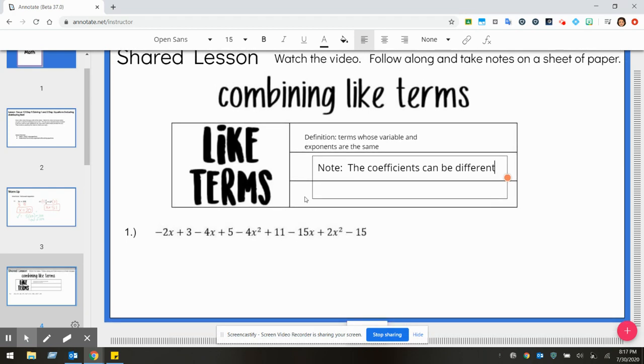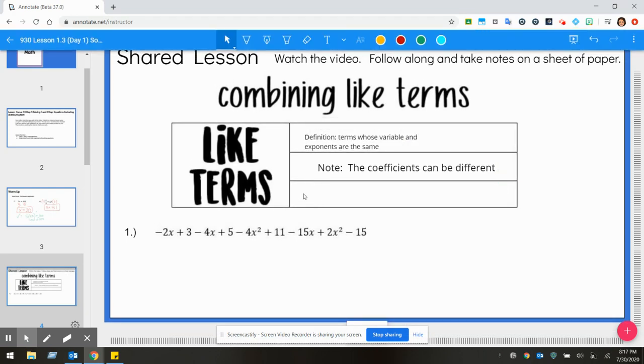All right, so down here, I'm going to go ahead and give you some examples. I'm going to go ahead and write these out. So for some examples, 7x, x, and negative 2x are all like terms.